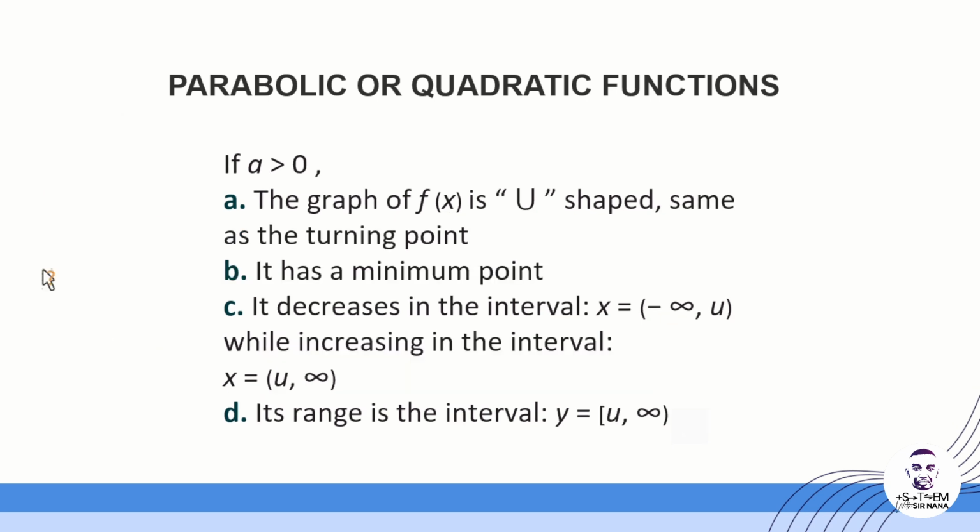We can also have a being greater than 0. For instance, we can have y = 6x² - 2x + 1. We are only interested in the coefficient of x², or the constant attached to x². Once it is 6, we know that a is greater than 0. In that case, the shape is like the union sign.